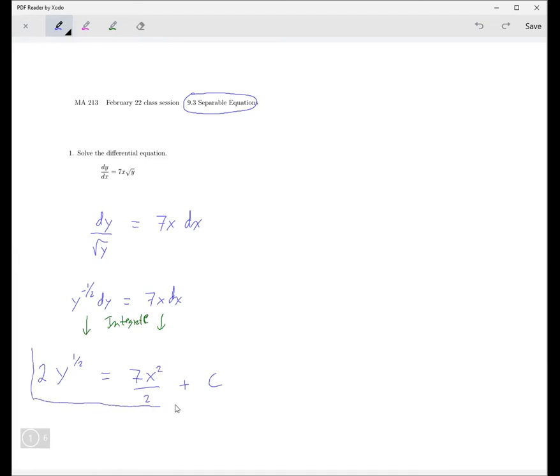You can just leave the equation like that: 2y to the 1/2 equals 7x squared over 2 plus c. Or, I guess maybe it's better to put it like this.